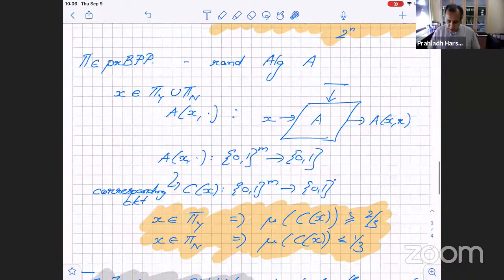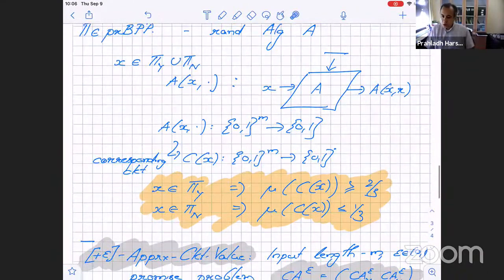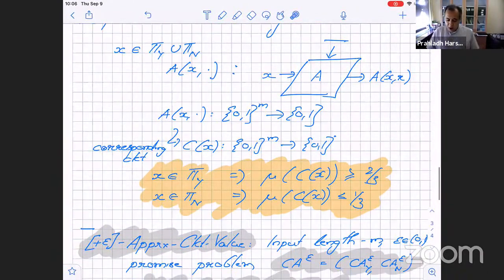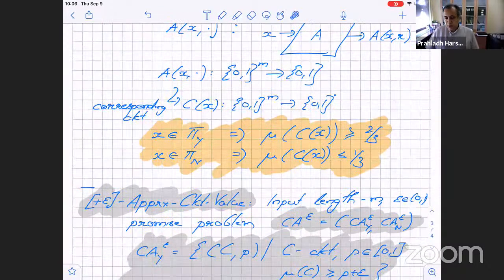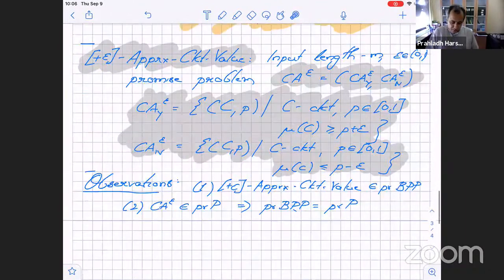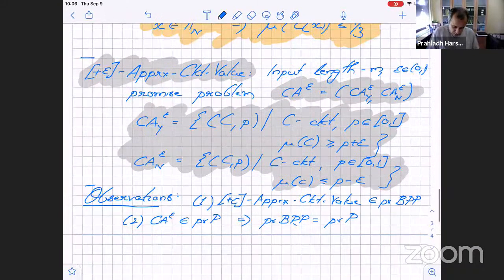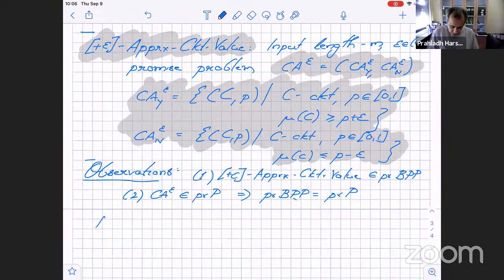So you can now feed, say, C of x comma half. You can set epsilon to be 1/10 and say C of x comma half. So the proof for 2 is just the following.